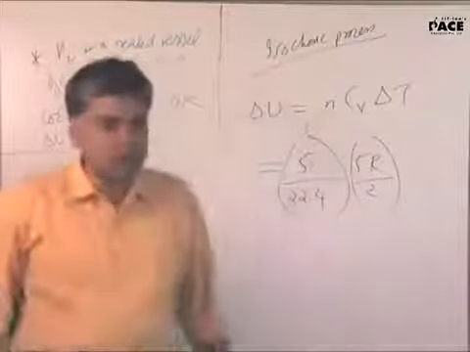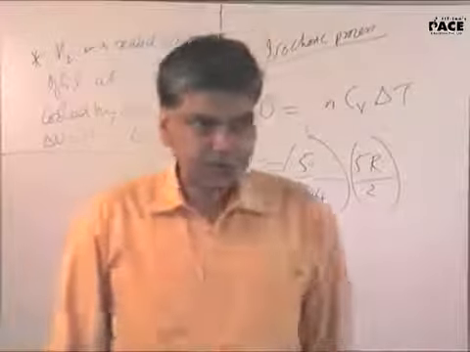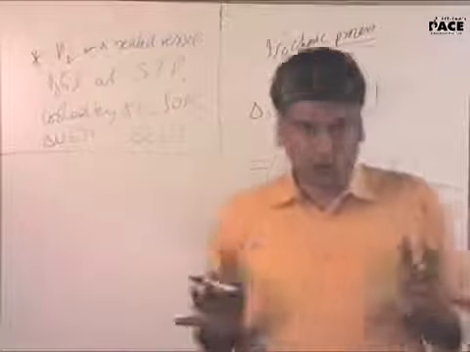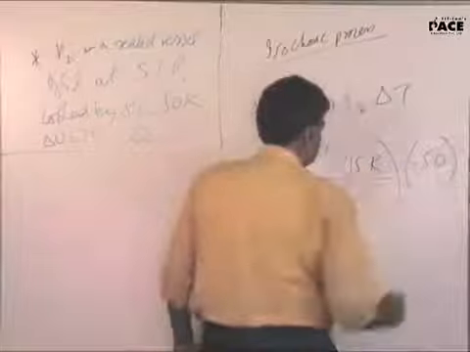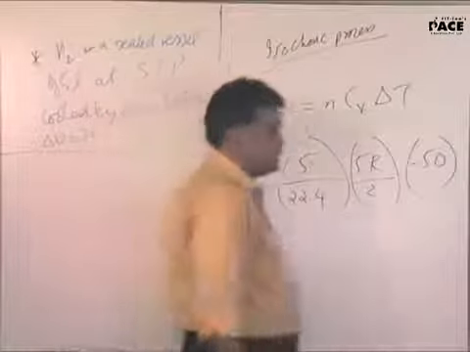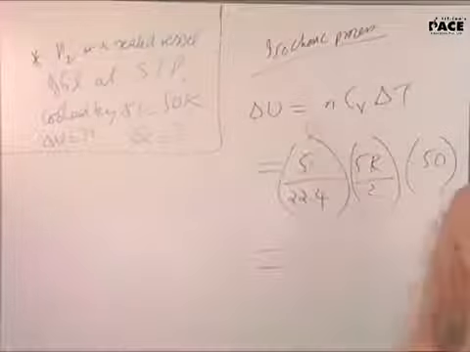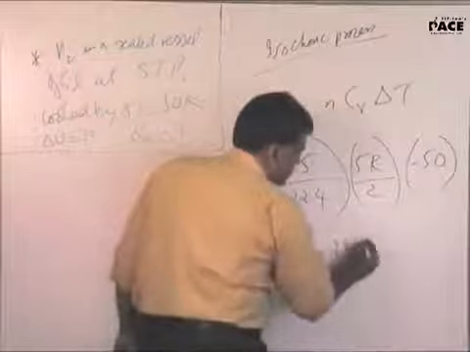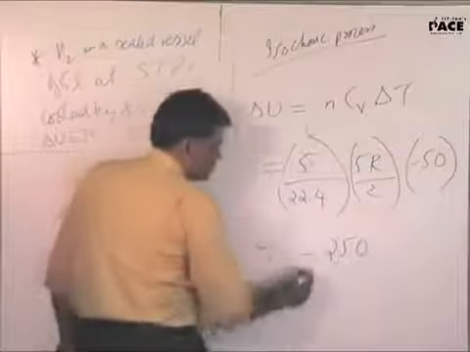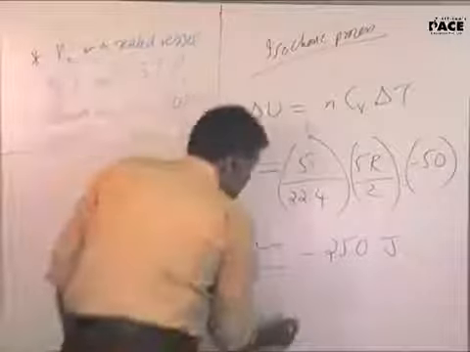And delta T is how much? Not 50, minus 50. Yes, respect the negative sign. Alright? So we calculate this and you would get roughly about 250 joules. I think it's 232 something, but let me round it off and say around 250 joules. If you have a better answer, I can write that down. What is Q, by the way?